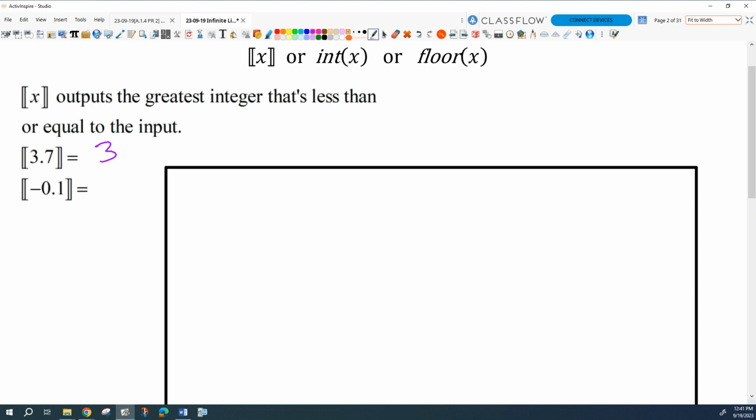What if I were to do the greatest integer function evaluated at -2? Greatest integer that's less than or equal to -2. -2, isn't it? Yeah. Okay, how about if I evaluated at -0.1?